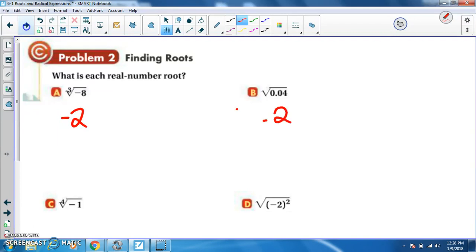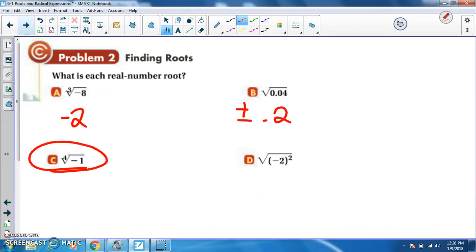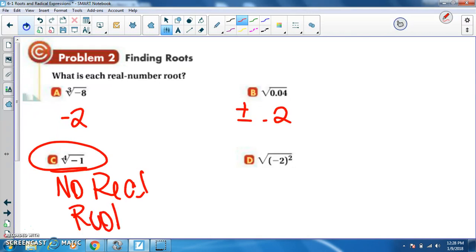But since it is an even index, we have to do positive and negative. We cannot take a negative root with an even index, so no real roots. And here, negative 2 squared is the same thing as the square root of 4. And what is the square root of 4? Positive and negative 2.